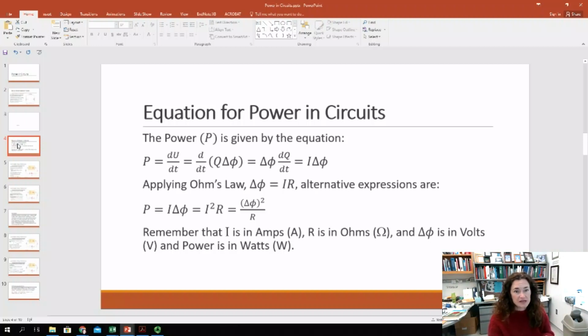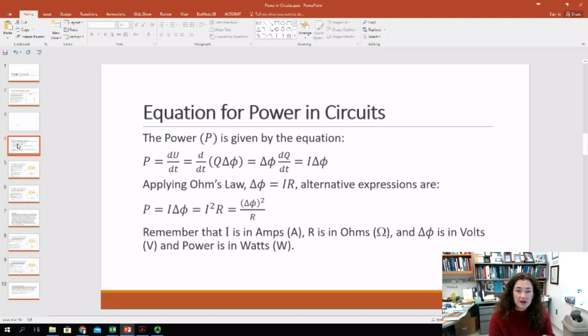So this would be d/dt of Q delta phi. Now, the voltage provided by the battery we'll consider to be a constant, so we can pull that out. And then we just have delta phi times dQ/dt. Well, dQ/dt is the definition of the current in our circuit, the rate of change of the movement of the charge, in other words, right? So that's I times delta phi.